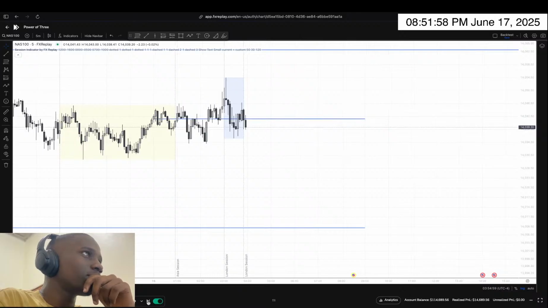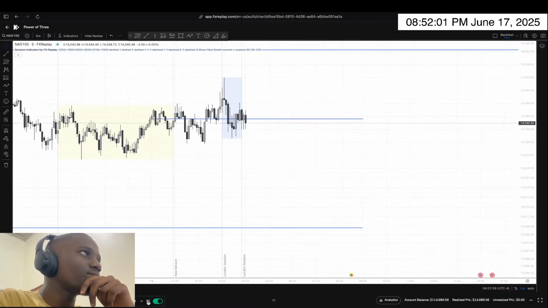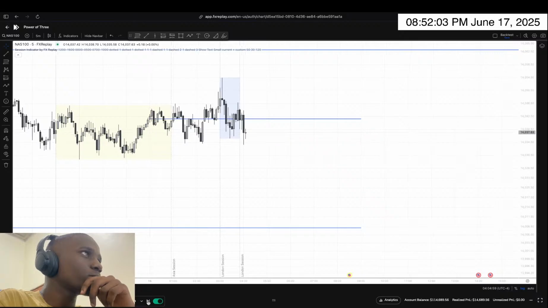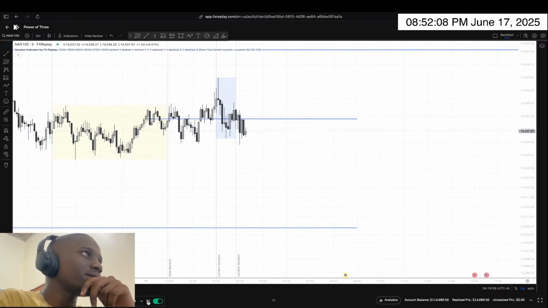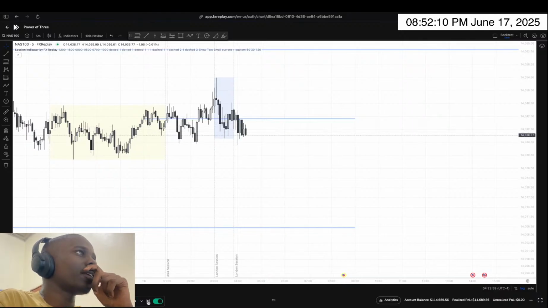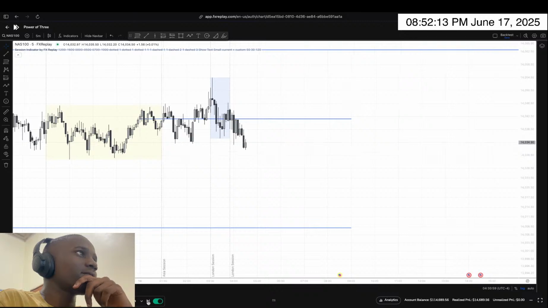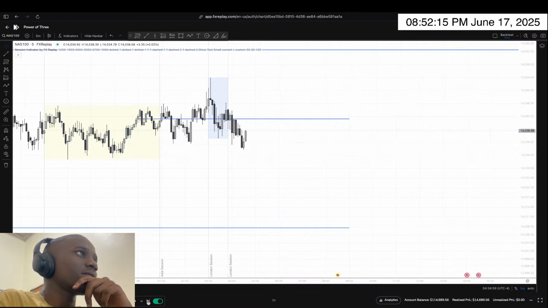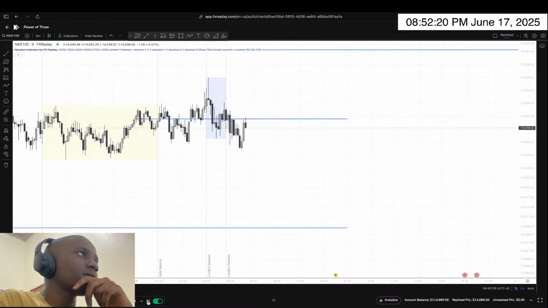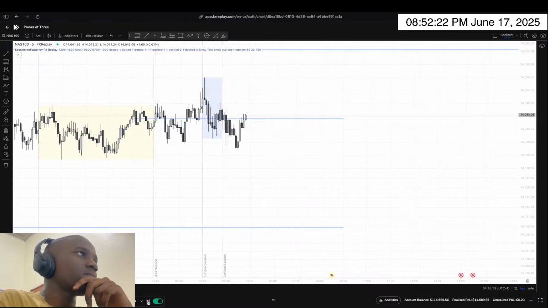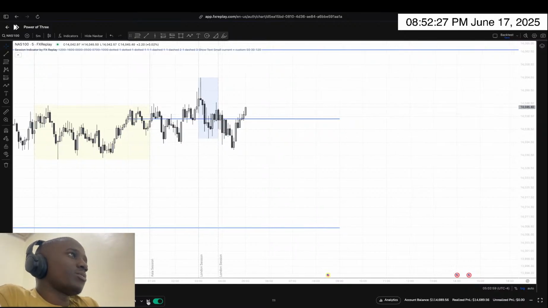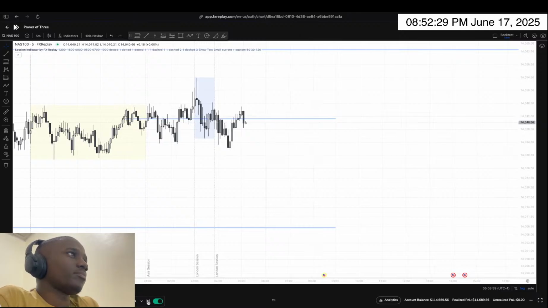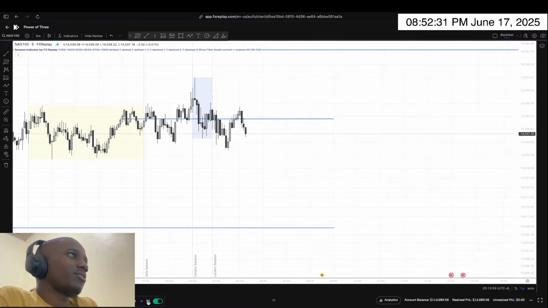Let's go slow on this, bit by bit. So it's consolidating somehow. It's not giving any clear direction, but you can see it's dropping. Goes back to the open, so it's already 5, and the Judas swing happens between 12 and 5.